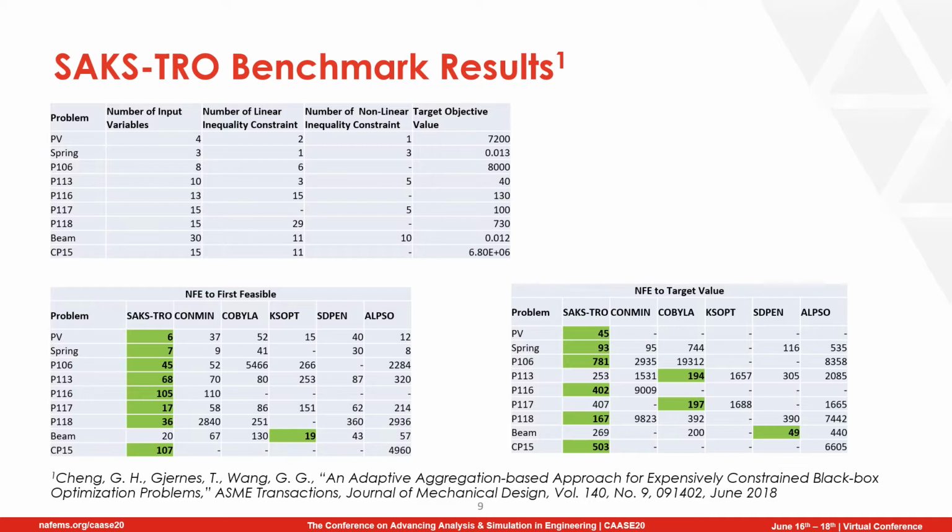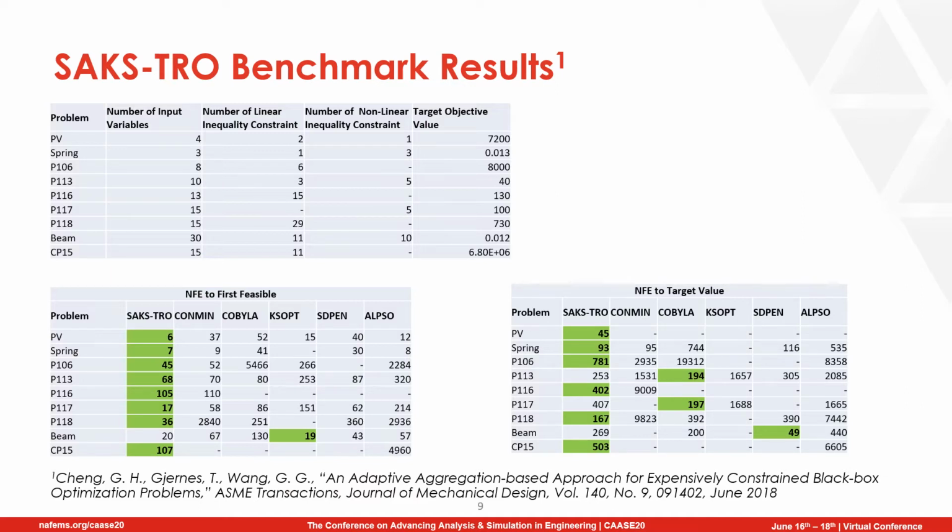And here I present the mean values for two important metrics to demonstrate the efficiency of the optimization algorithms, where less is better for both and highlighted with green. The first metric is number of function evaluations to get the first feasible design, which is the lower left table.